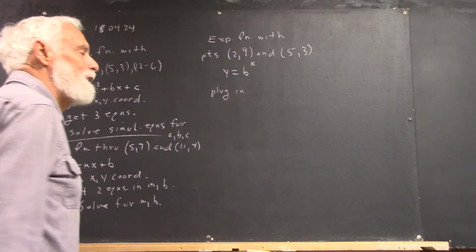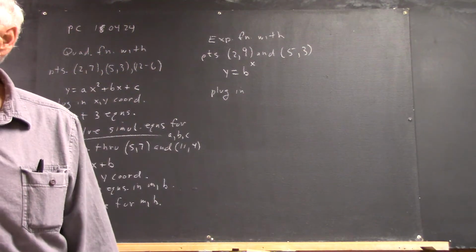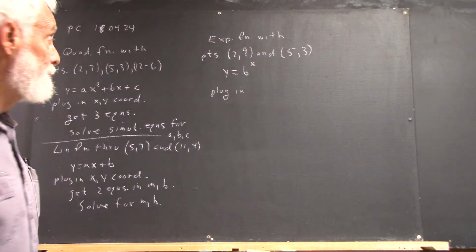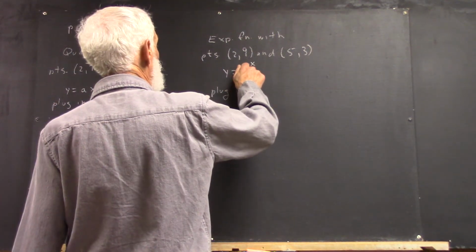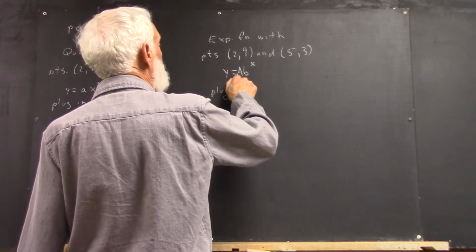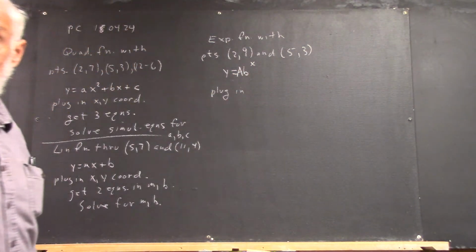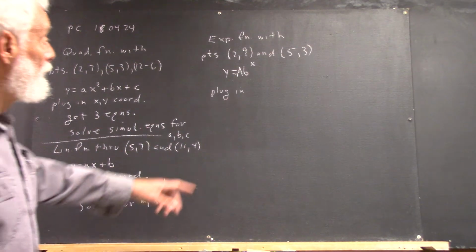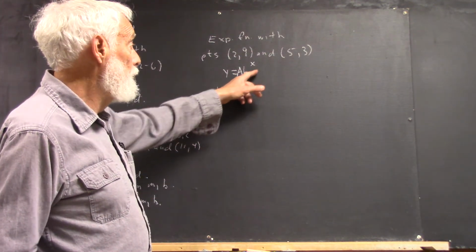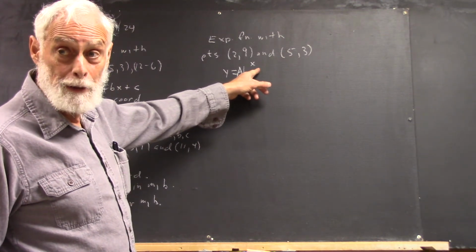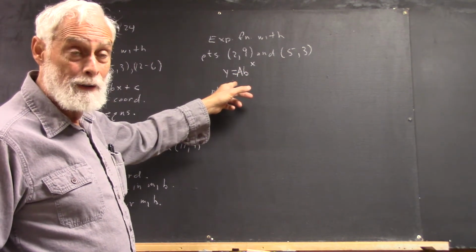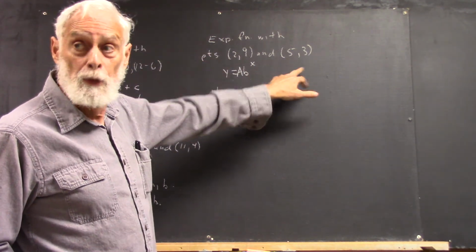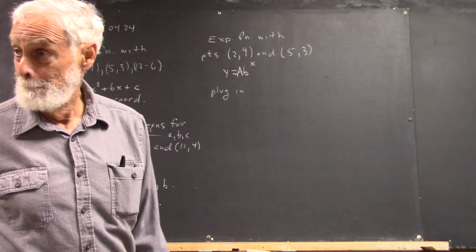So you've got y equals b to the x, but you've got to have another parameter. Y equals a times b to the x, some multiple of b to the x. Because otherwise, y would have to equal 1 when x equals 0. If you don't have that number there, there's no expectation that an exponential function through these points would go through the point (0, 1).